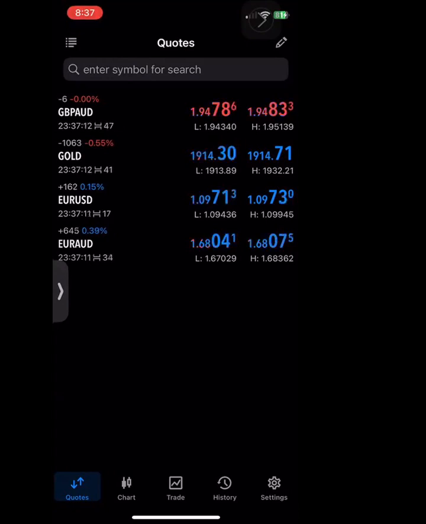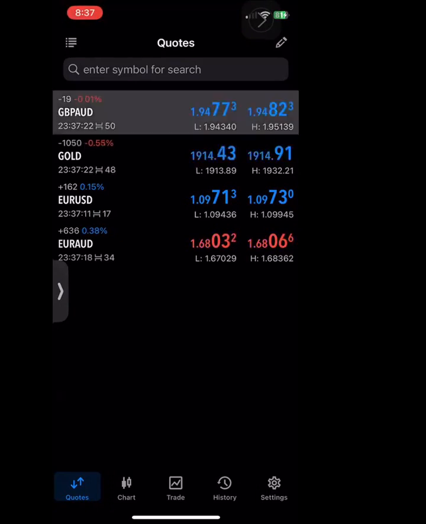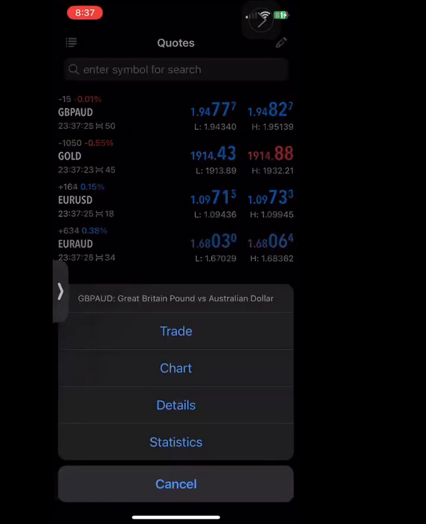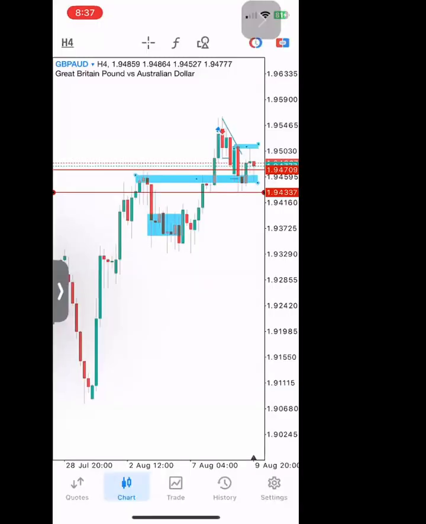Let's go onto the charts and show you what exactly it is. This is how you go onto the chart: you tap on it, you go to chart. Now you are on your charts. I believe you guys have done a little bit on time frames.